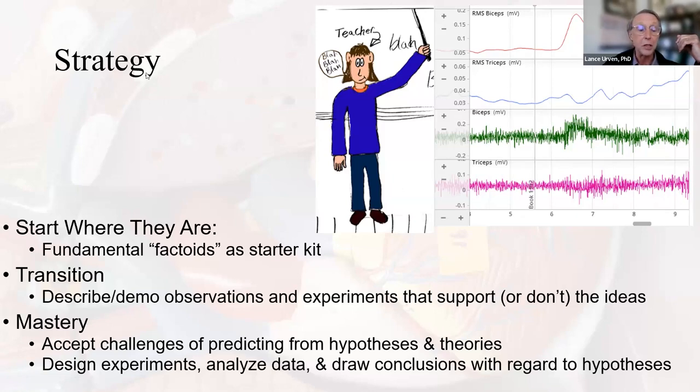Can they actually design experiments to test those hypotheses? Can they analyze the data from those experiments? And do they know what that data means? Can they draw conclusions? Does it support, does it not support the hypothesis? Does it suggest another hypothesis? That's a success in every way for a science student, regardless of their career goals. So that's what I'm working for. That's how I design my courses to approach.